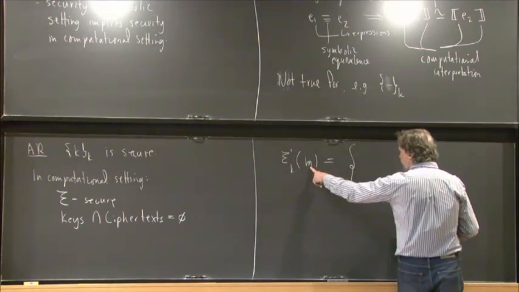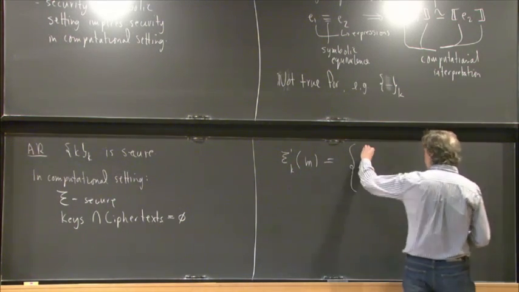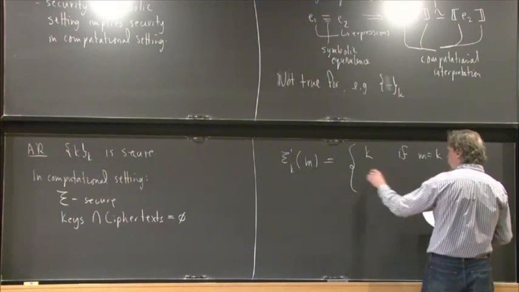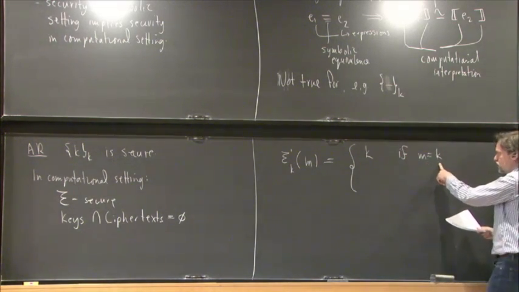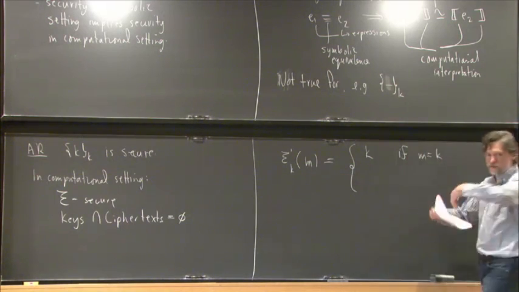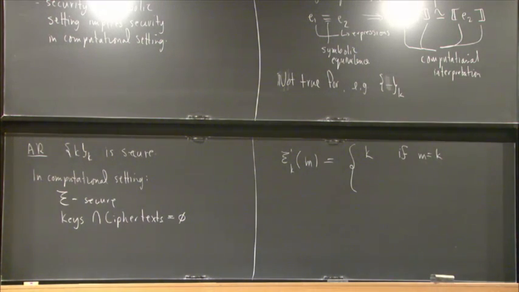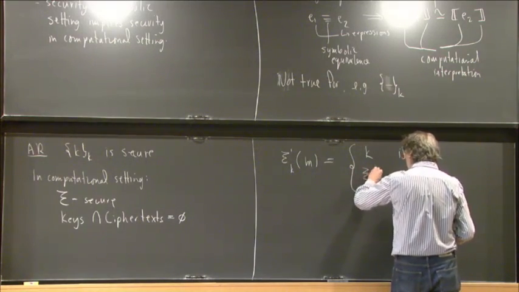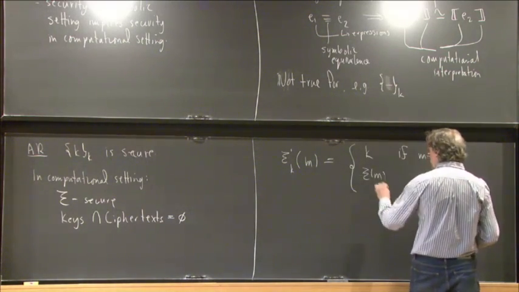So the encryption of a message M under a key K, well, if it happens that M is equal to K, then we're just going to spill the whole answer and output K. And in any other case, we'll just use our secure encryption function.